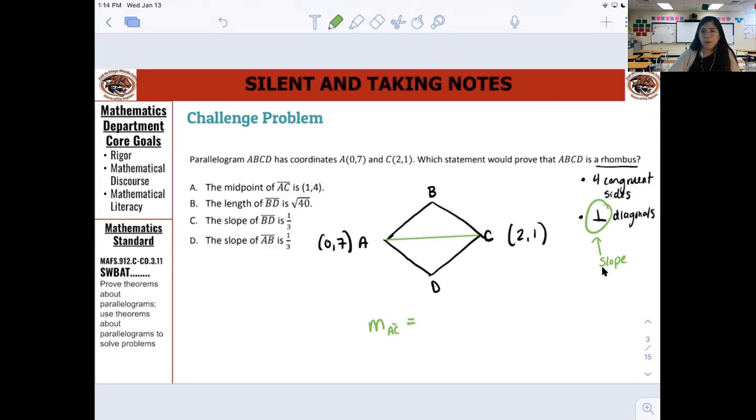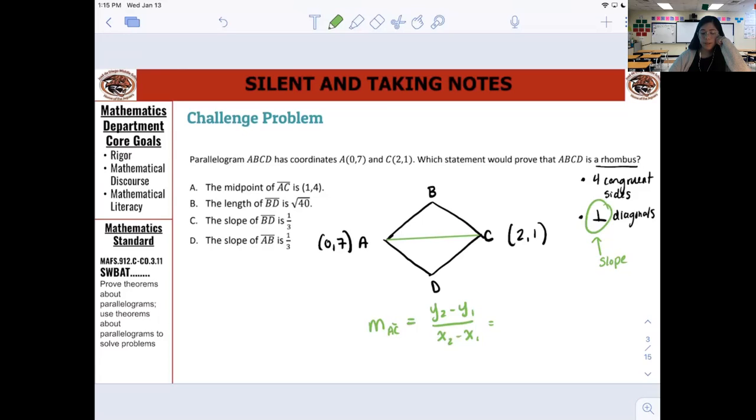Okay, I'm going to use my slope formula. What's my slope formula? What am I going to plug into it? y2 minus y1. And what numbers go into that? Is it 7 minus 2 over 0 minus 1, or is it the other way around?